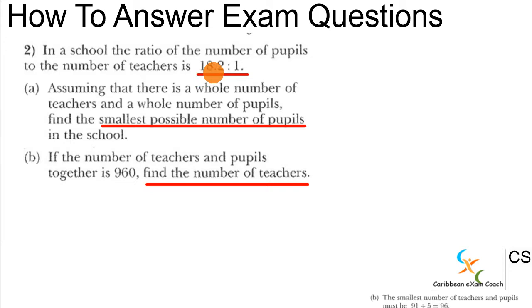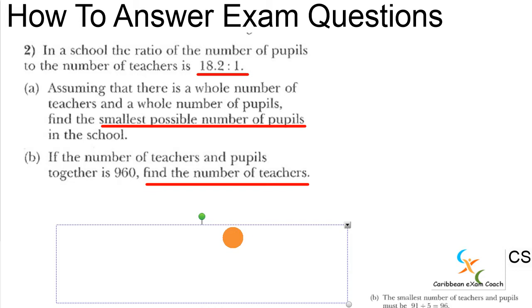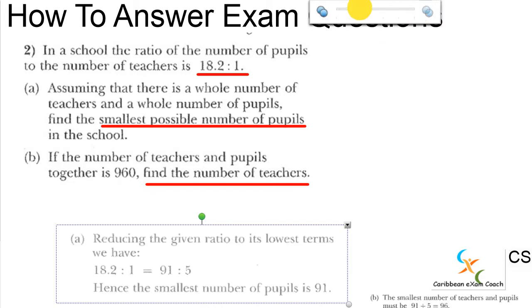Instead of having 18.2 to 1, convert 18.2 into a whole number. And to do so, this is how you do it. You reduce the given ratio to its lowest terms.